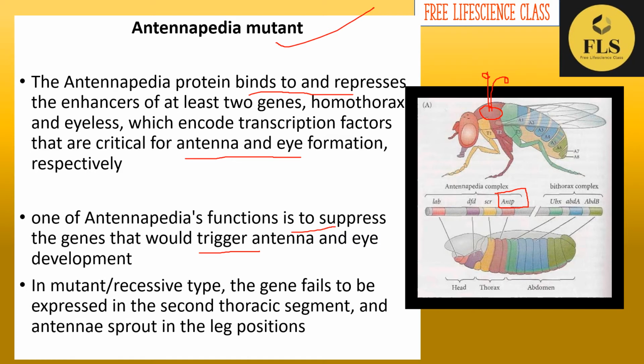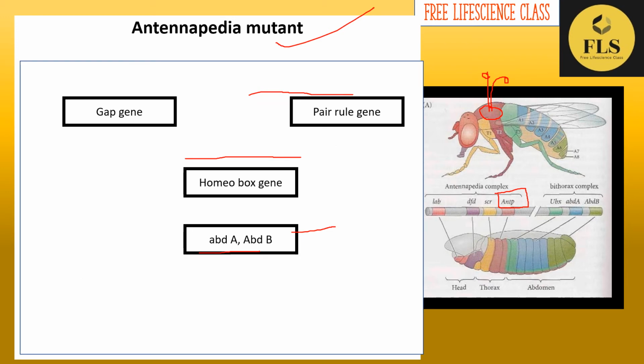Let's discuss some more points about the Antennapedia gene. Here you can see some of the genes, the gap genes and pair rule genes. I will explain all of them. In the first slide itself, we said that gap genes and pair rule genes interact to activate the homeobox genes.